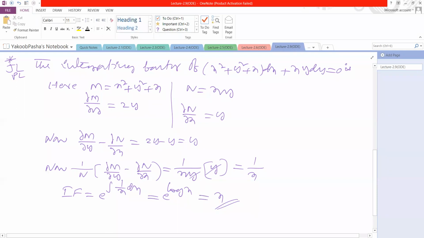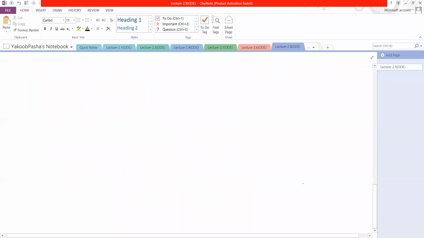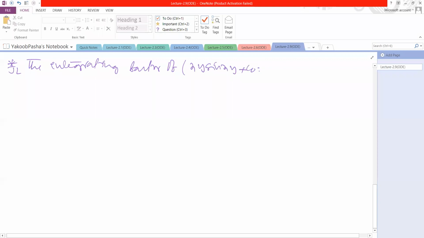Now I am taking another problem from JL. The integrating factor of (xy sin xy plus cos xy) y dx plus (xy sin xy minus cos xy) x dy is equal to 0 is.